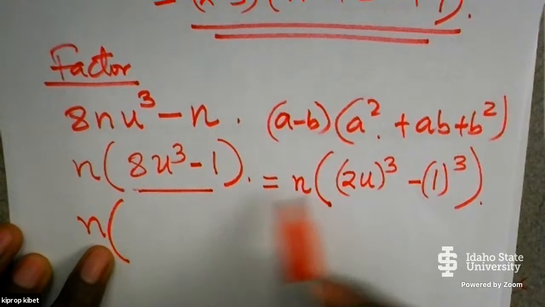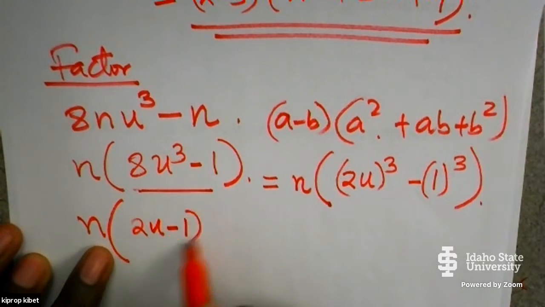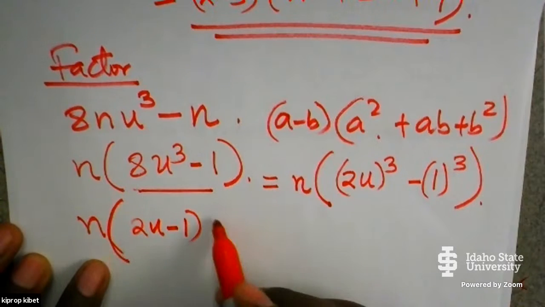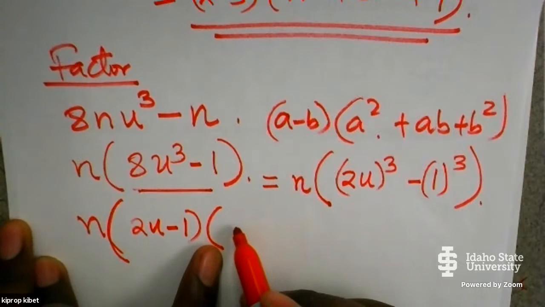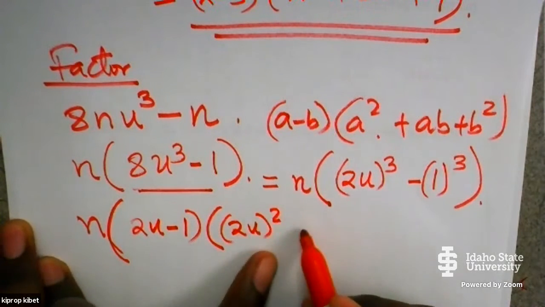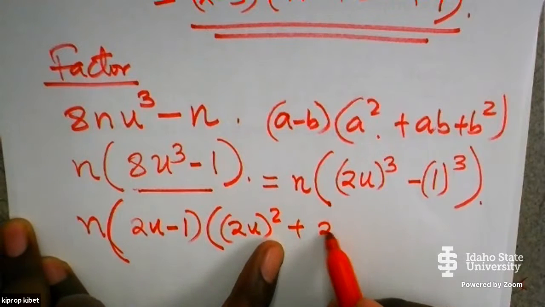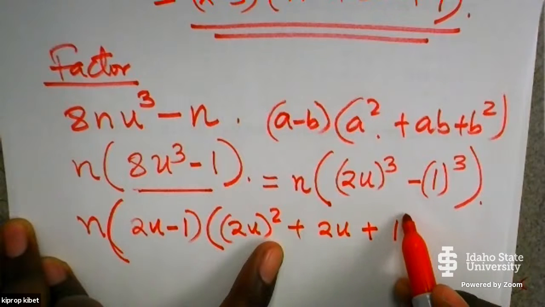So our first factor is 2u minus 1, and then the other one: A squared is 2u squared, plus 2u plus 1 squared.